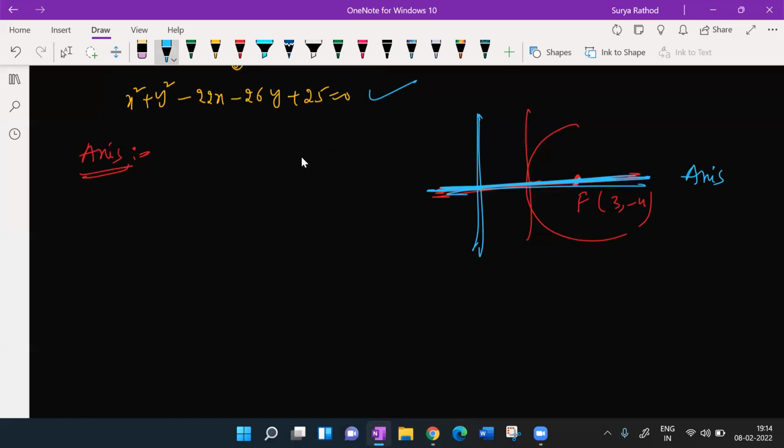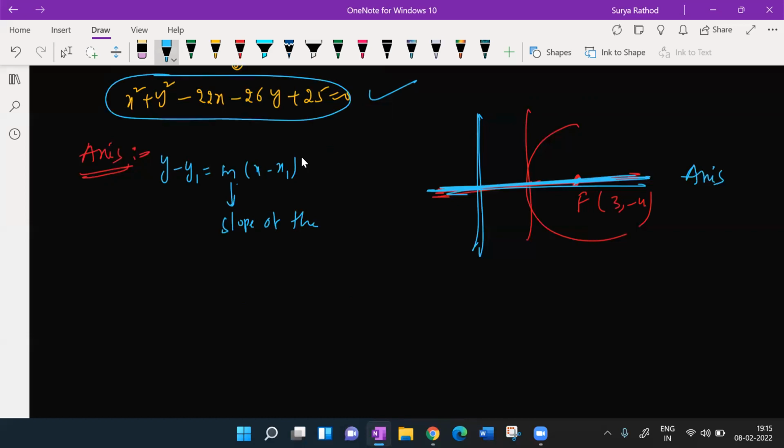Yes. So what would be the equation? y minus y1 is equal to m into x minus x1, for a line passing through a point. Then what is m here? m is the slope of the directrix.